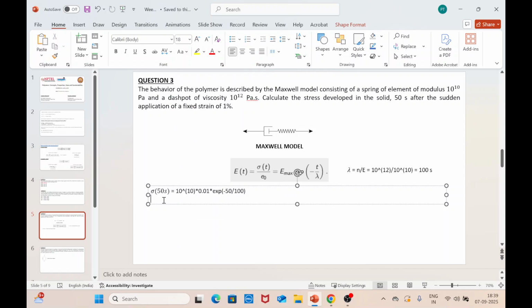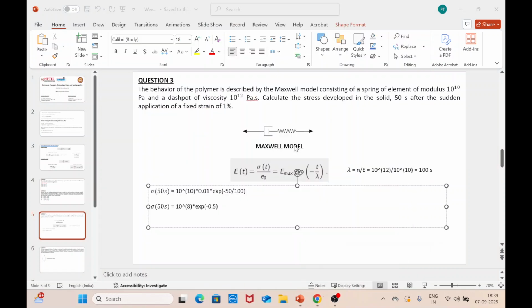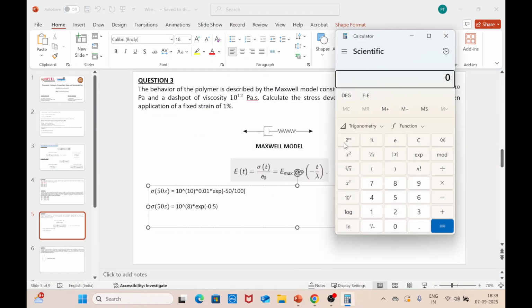Is this fine? So now the stress after 50 seconds is nothing but going to be 10 power 8 times exponential to the power of minus 0.5. Now what will be the value? Anyone?